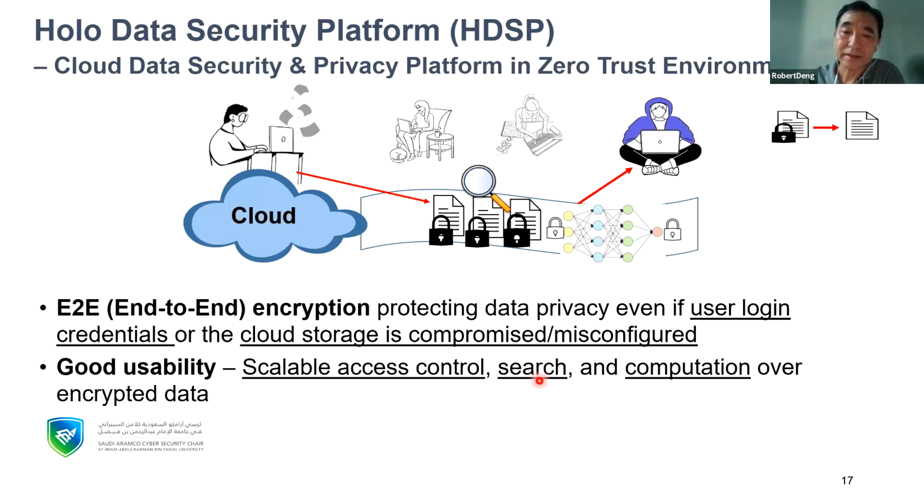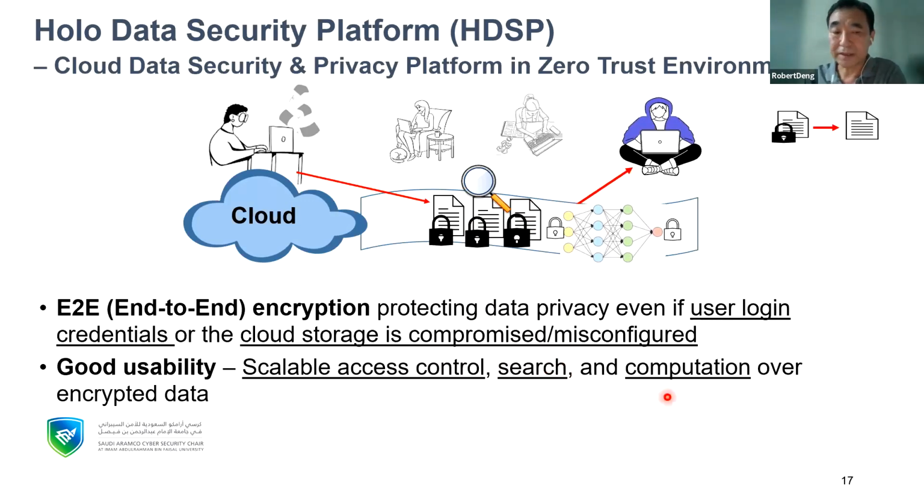Secondly, when data is encrypted, we want to perform a keyword search on the ciphertext. So even when data is encrypted, we should be able to perform a keyword search to retrieve the corresponding document.